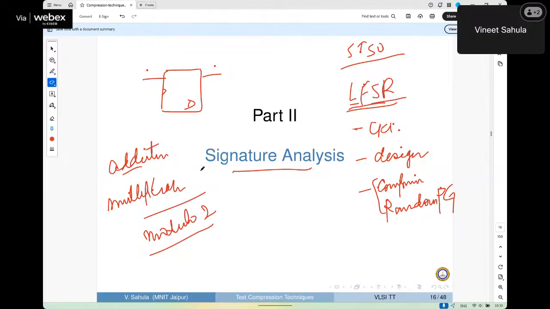The modulo 2 addition is what? XOR. Fine. And modulo 2 multiplication. Let us say I have to multiply 2 bits, A and B, both are 1 bit.